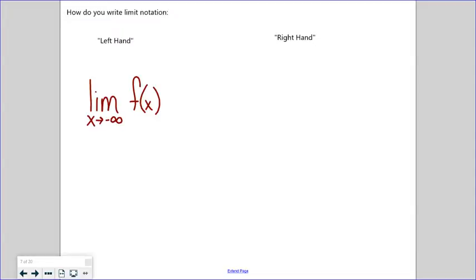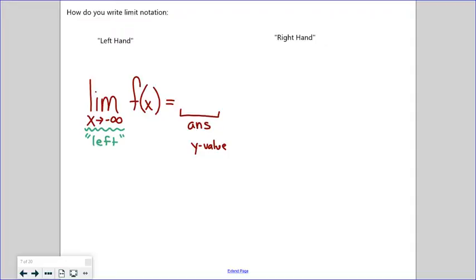This little symbol right here says look at the left-hand side of the graph. And then what follows the equal sign is my answer, and your answer is where the graph is going. It is your y values. What are the y values doing as my graph goes to the left?